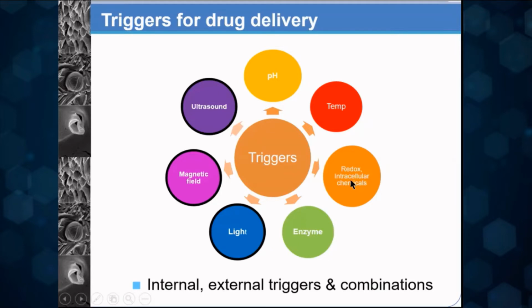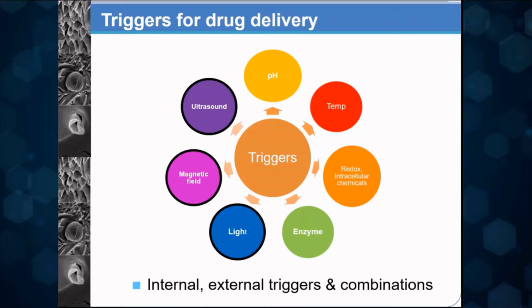What internal trigger means is that the change in this stimulus, between either a site and the targeted site, or between normal and diseased, is already present in the body. And our task as drug delivery designers is to modulate the biomaterial carrier so that it responds to these changes.